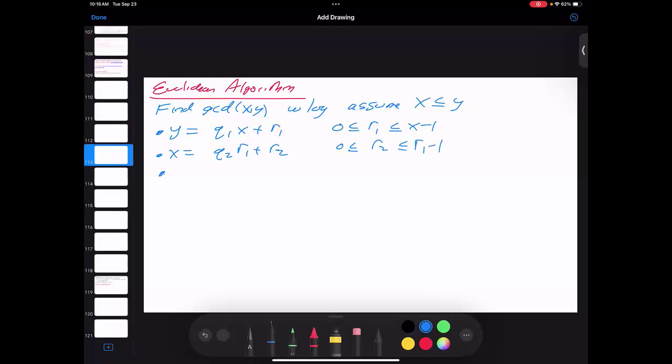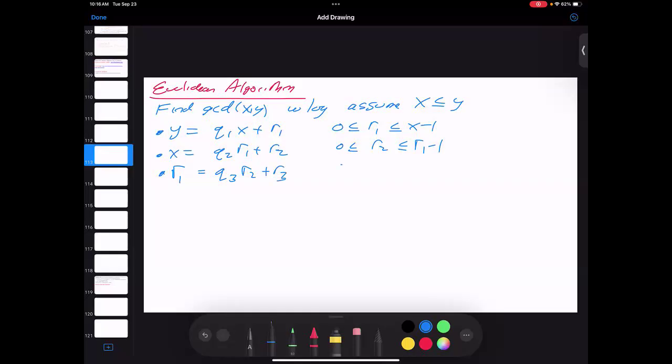Lather, rinse, repeat. Now I can write R1 as some multiple of R2 plus a remainder.